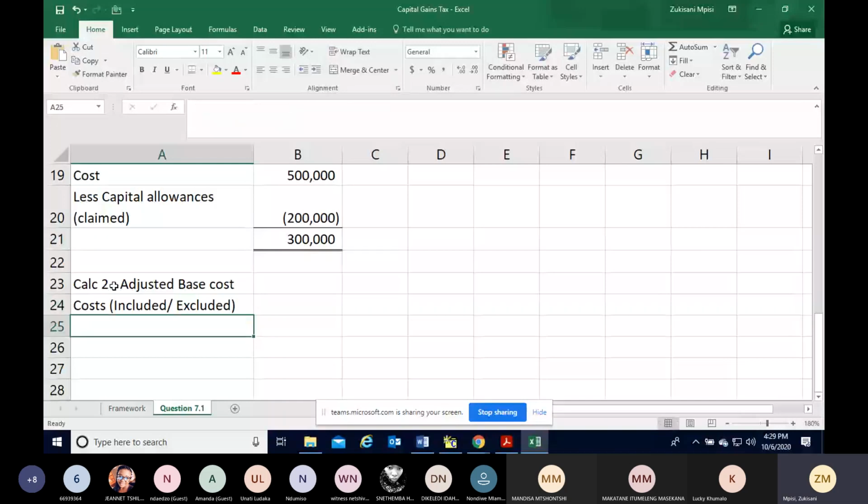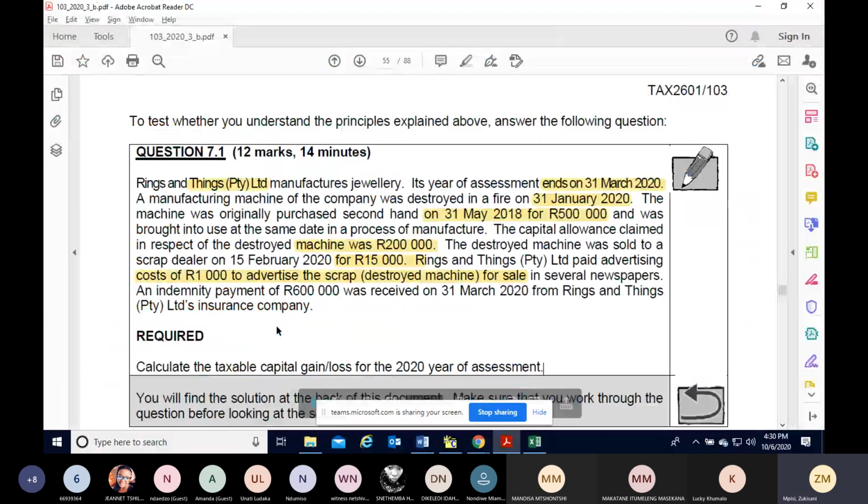And in this case, this means that we are going to say cost. So this is just for you to note. We are therefore going to say cost plus the inclusions. So in this particular case, we are given that the cost was 500,000.